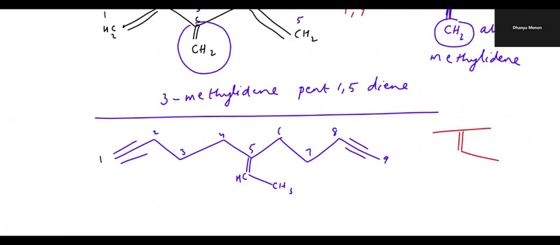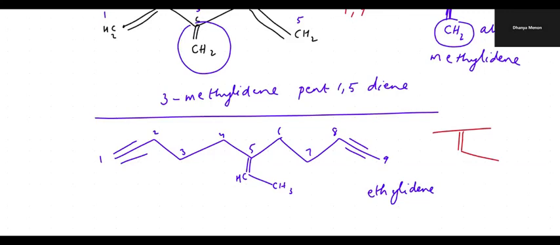So I told you whenever there is a connection directly to the main chain with the double bond, it is called alkylidene. In this case, what is the substituent? Ethylidene, because this ethyl group is connected directly to the main chain with the double bond.